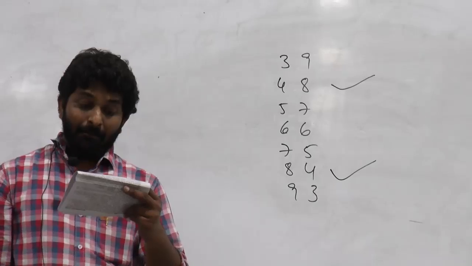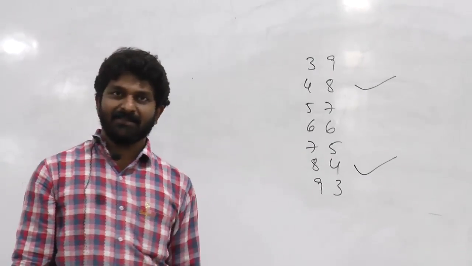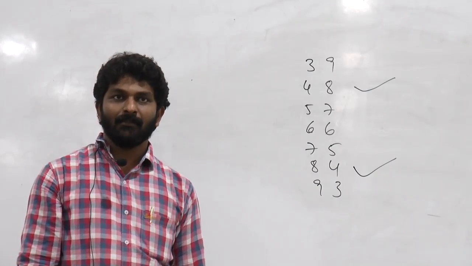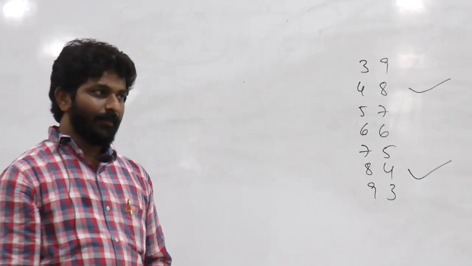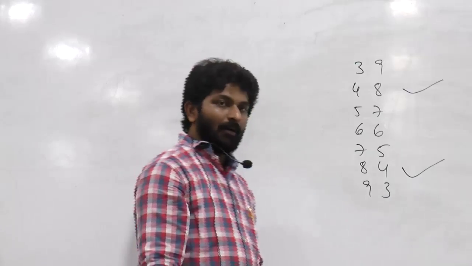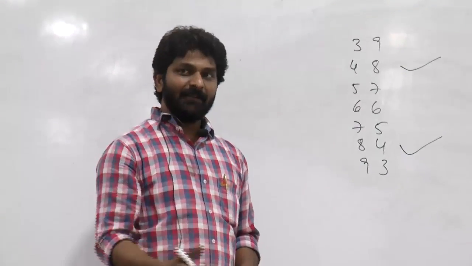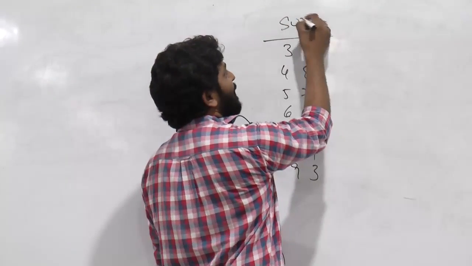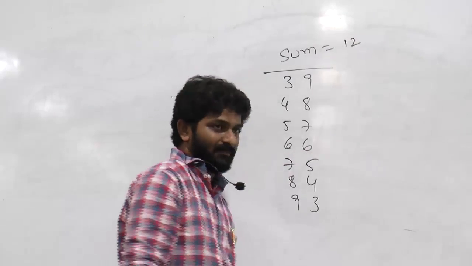Third one: the number obtained by interchanging the digits is less than the original number by 36. Using this, can you get your answer? Only 3 alone? No. What about 1 and 3? From 1, the sum of digits is 12.